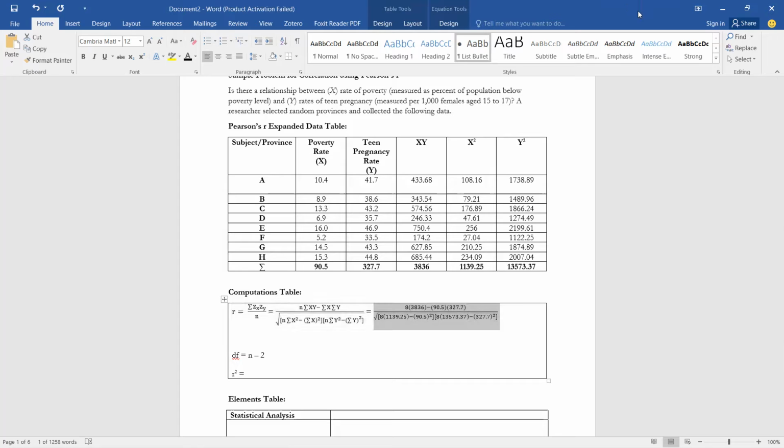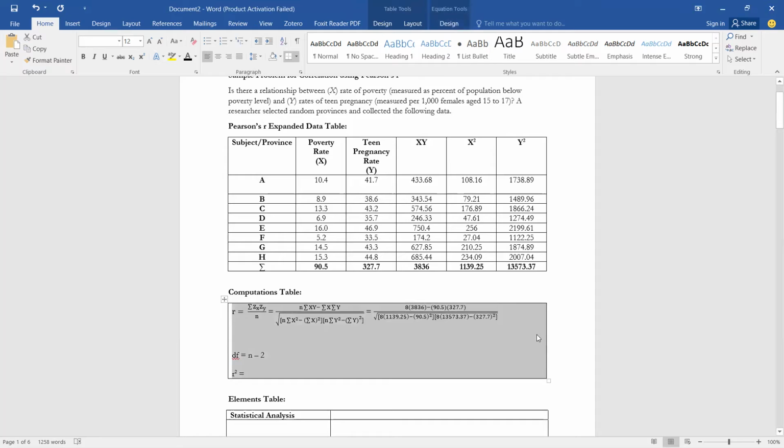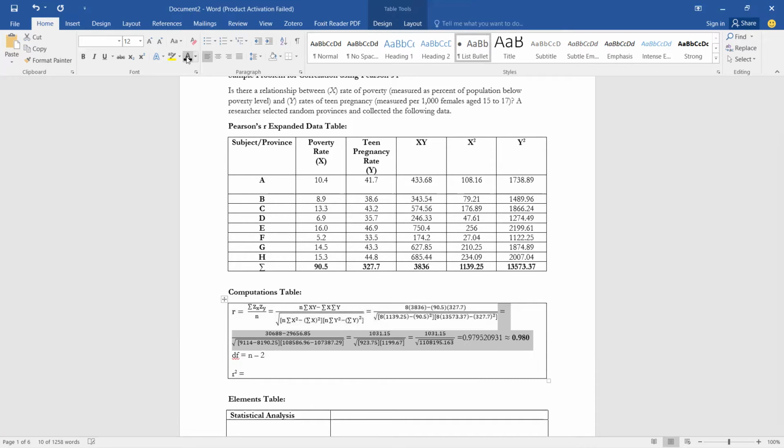All right. And you just do the computations until you arrive at this. So remember the square root. So you'll get around 0.980 as R, which is quite high.